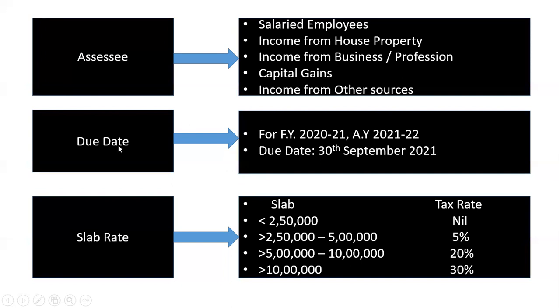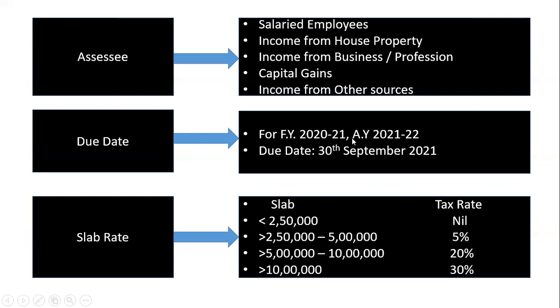So first, the due date we will be seeing. For financial year 2021, which in income tax term is called assessment year 21-22, it runs from 1st April 2020 to 31st March 2021. So the due date is 30th September 2021.